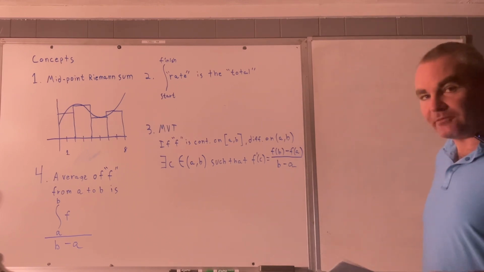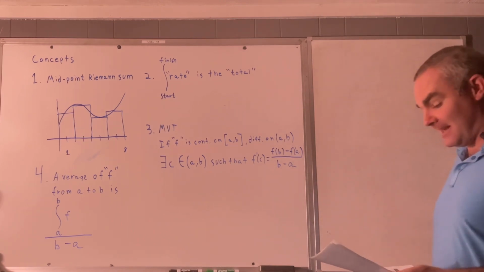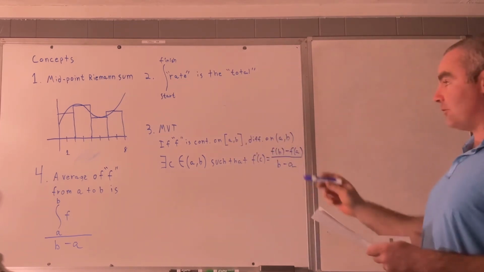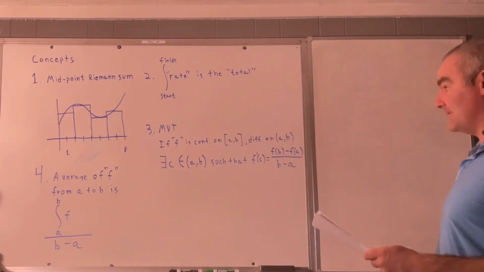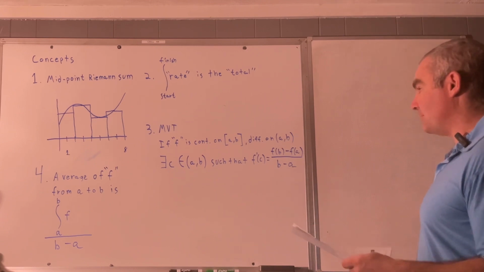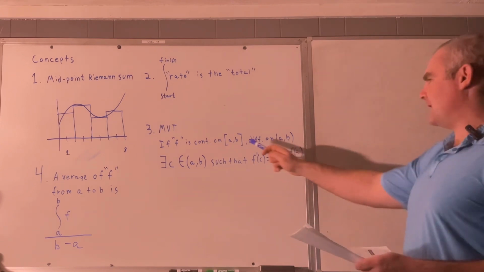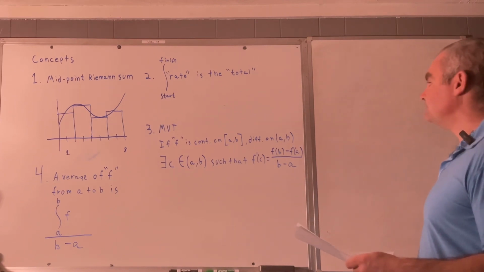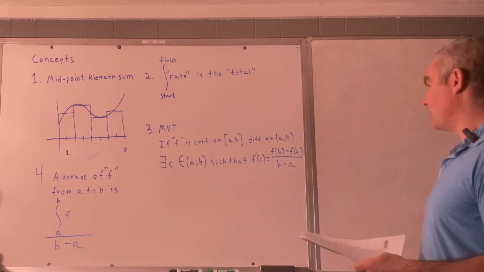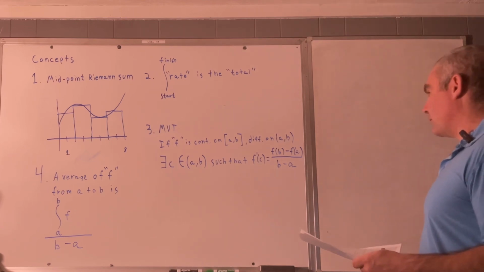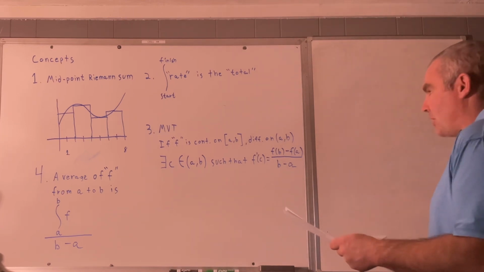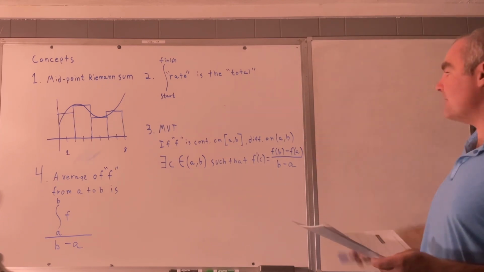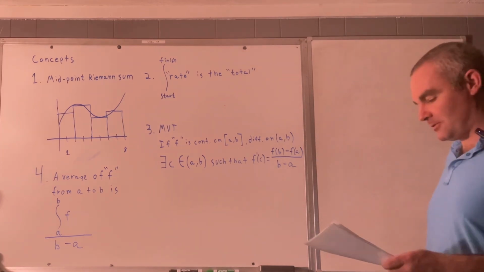If a function is differentiable everywhere, it is continuous everywhere. So this condition is met. Our f, which is r of t, is continuous on the closed interval a to b. Our a to b, by the way, is 0 to 24. I hope you can understand why. And differentiable on the open interval a to b. Well, it states that in the problem. It's differentiable everywhere, therefore it's differentiable on a to b, which in our case is 0 to 24.